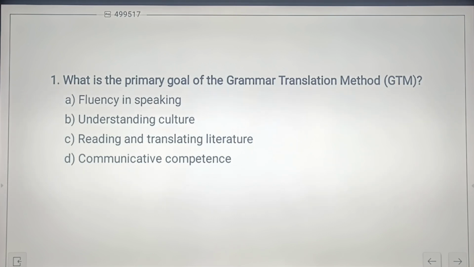C. Reading and translating literature. D. Communicative competence. The primary goal of the grammar translation method is reading and translating literature. The right answer is C. Reading and translating literature.